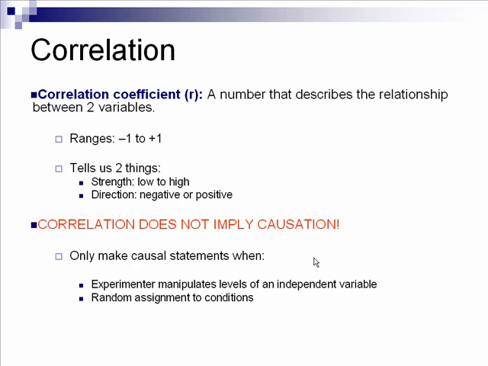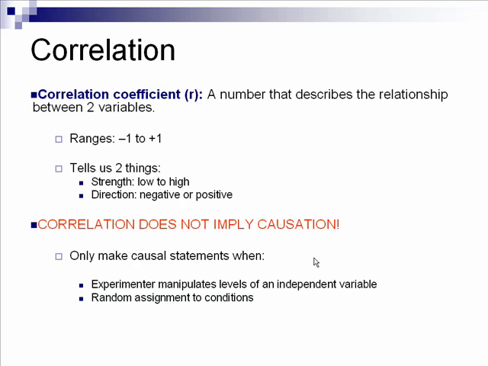So, for example, in our relationship between self-control and counterproductive work behaviors that I mentioned, if we have a strong relationship, that means if I know the values of one variable, then I can, with good confidence, predict the values of the other variable. And I can determine strength by looking at the number. If the number is close to 1, whether it's -1 or +1, then we have a strong relationship.